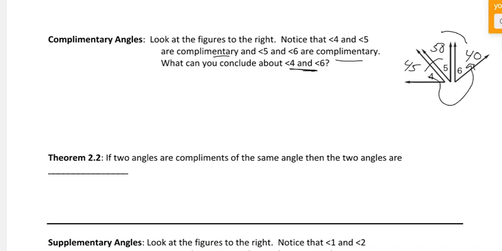So what do you notice about two angles that are complementary to the same angle? If two angles are complementary to the same angle, then the two angles must be congruent.